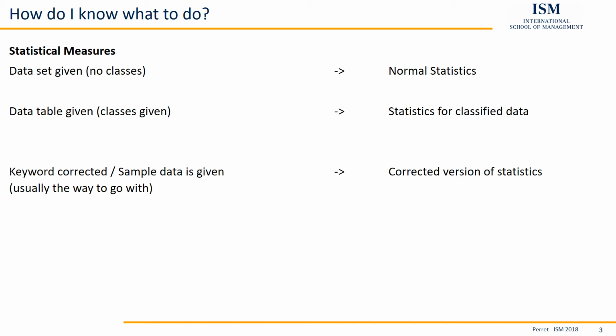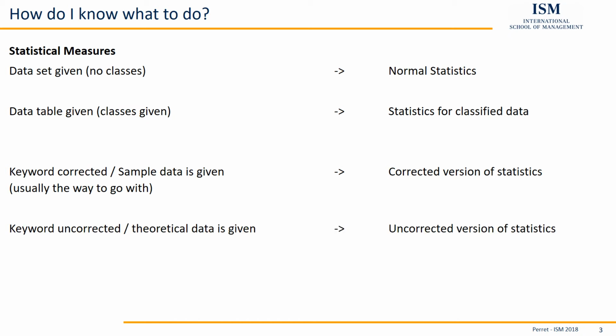And obviously, if the keyword is corrected, so it says calculate the corrected variance, you also go with the corrected variance. If, however, the keyword is uncorrected, or you have theoretical data, or sample data but for the whole population, so you basically have a census, which again is very rare, then you might use the uncorrected version.